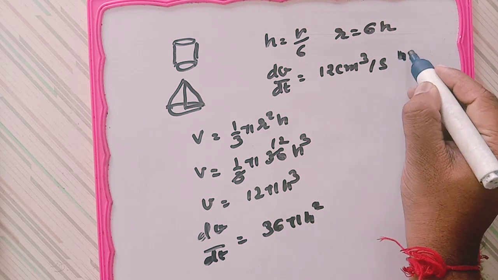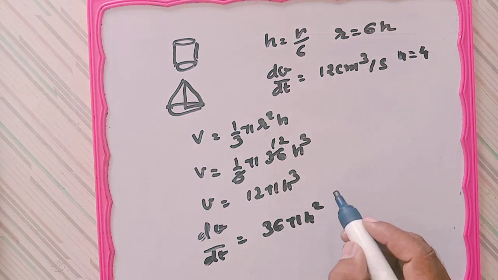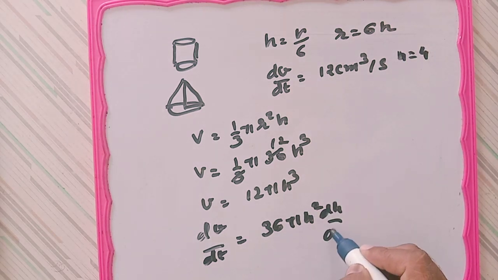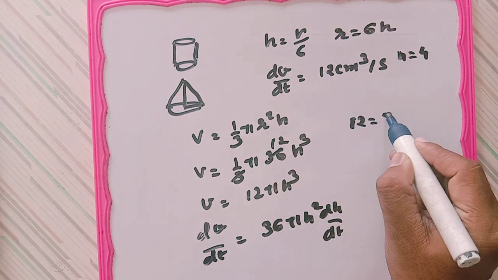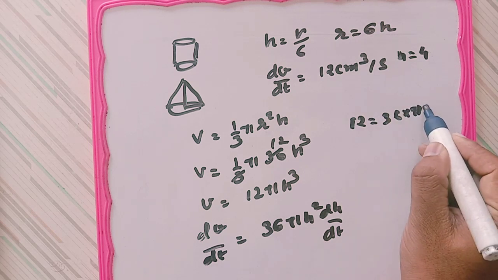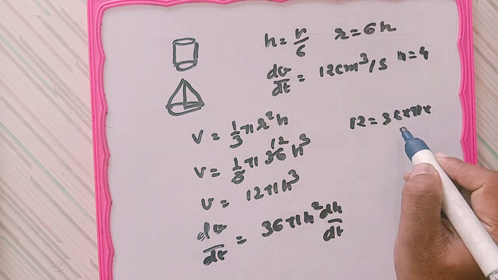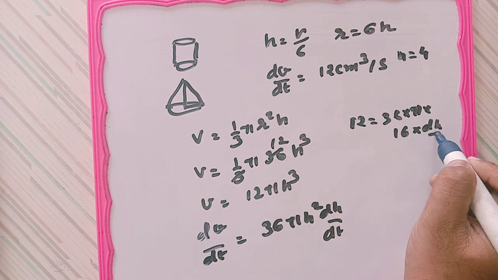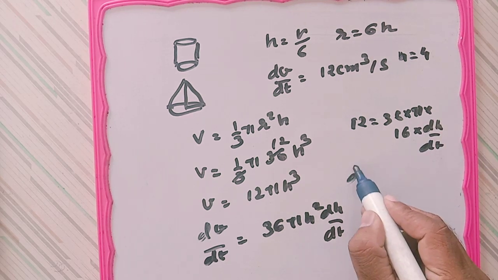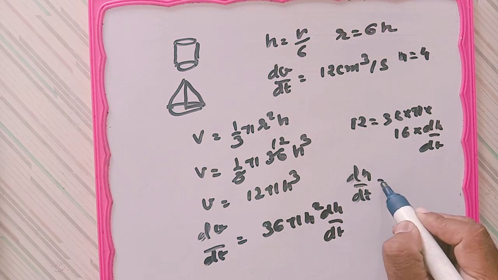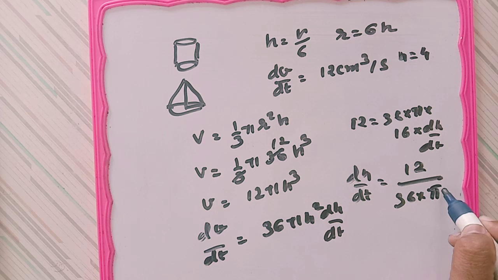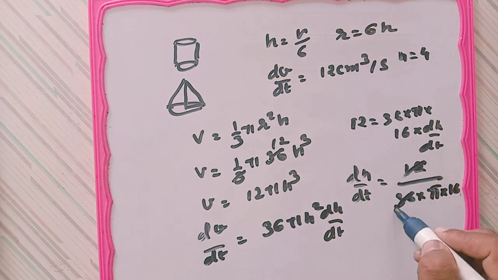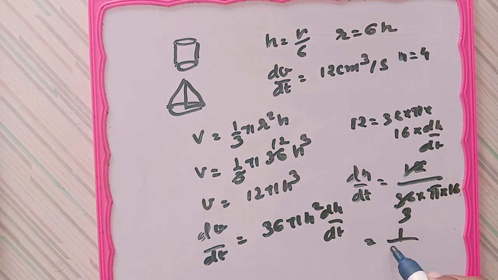Now h is given as 4 and here we need dh/dt. So dV/dt, 12, equals 36 into pi into h squared, that is 4 squared, 16, into dh/dt, and so dh/dt we will have 12 upon 36 into pi into 16, so 12 3s are 36, and so it will be 1/(48 pi).